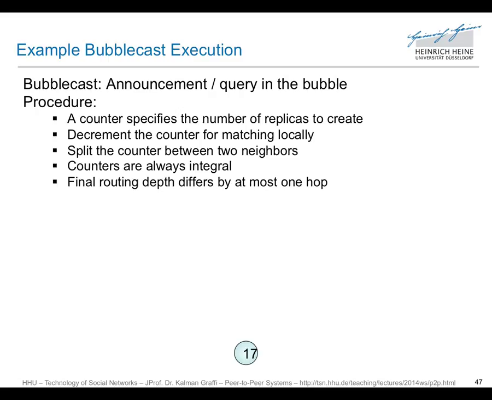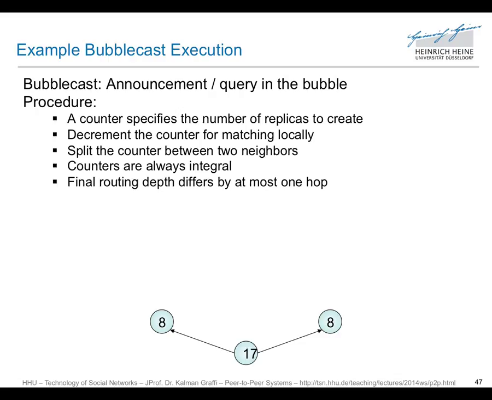How does it work? Let's say you want to reach 17 nodes in this case. For 117, the slide is too small. But we have an exact number of how many nodes we want to reach. We start with this number, and we decrement it in the beginning. Every node that receives the message, also the initial node, decrements this number because it also counts as 1. Then it splits what remains. So 17 minus 1, this is the node that we have, and it splits it into 2 equal numbers.